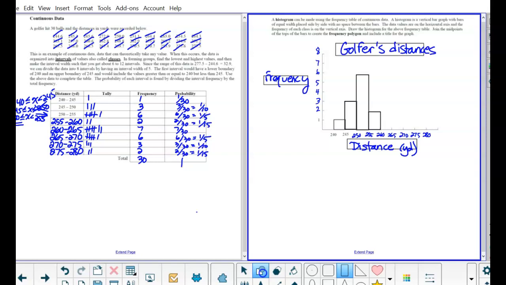And then 7. This is kind of not so bad. 65, 6.